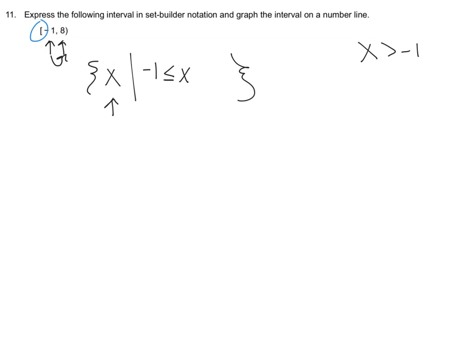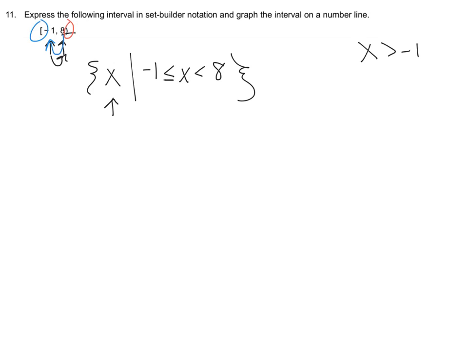Next, I'll look at the 8. Now, x can be less than 8 because it goes to -1. So that tells me that this is going to be a less than sign, and I'll write my 8. Now, a parenthesis is next to the 8 in interval notation.